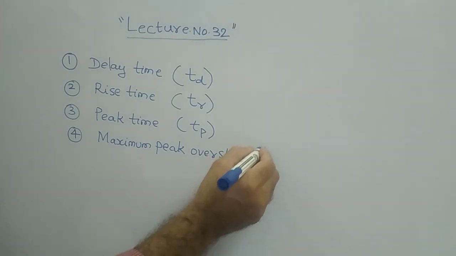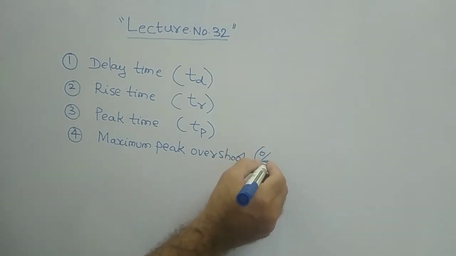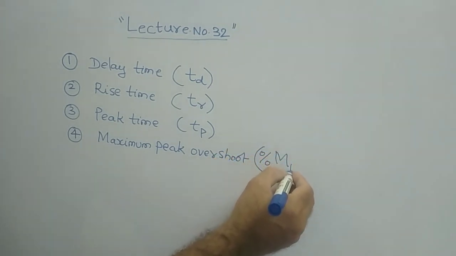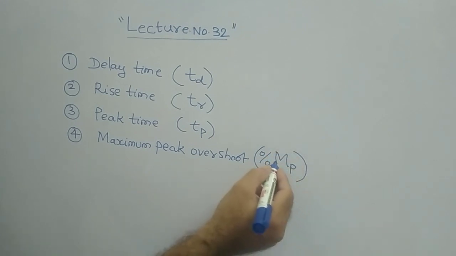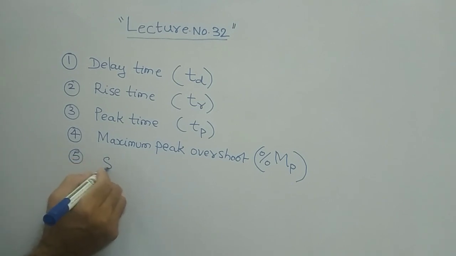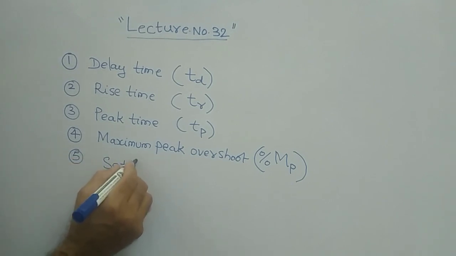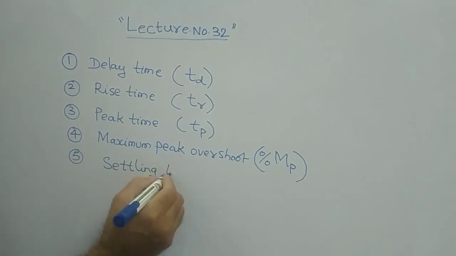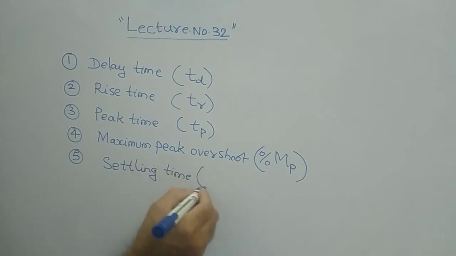Maximum peak overshoot is normally calculated in terms of percentage and it is denoted by capital M suffix P. And then the fifth one is settling time, that is T suffix S.